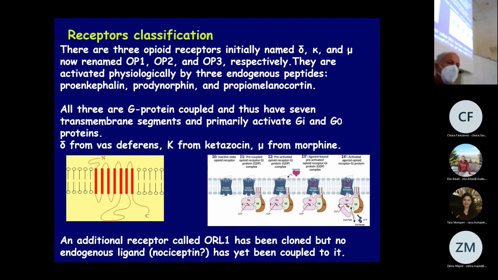And so nowadays we have no agonist of opioid receptors without these side effects. It is not possible.